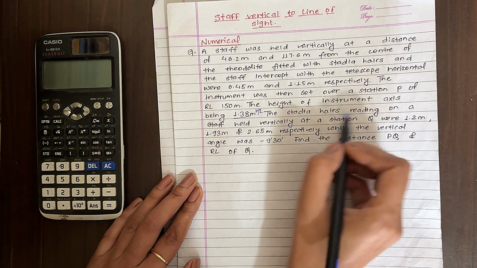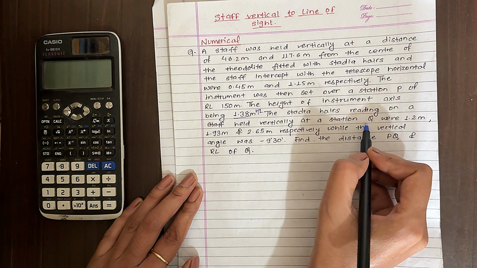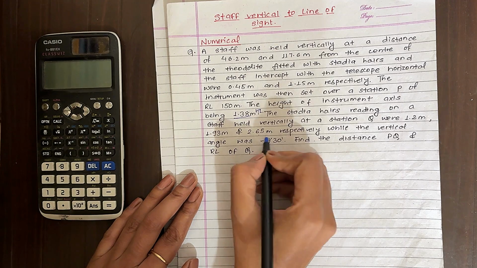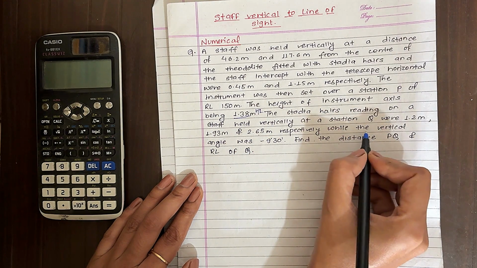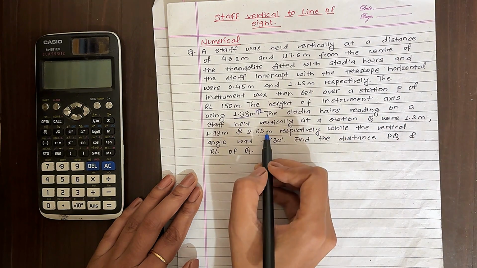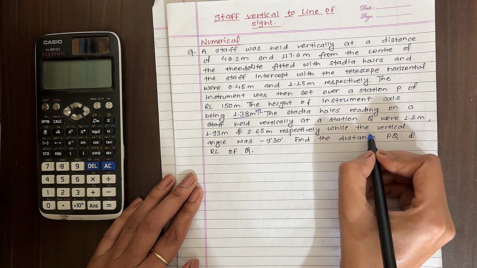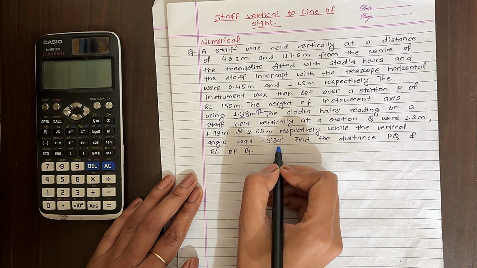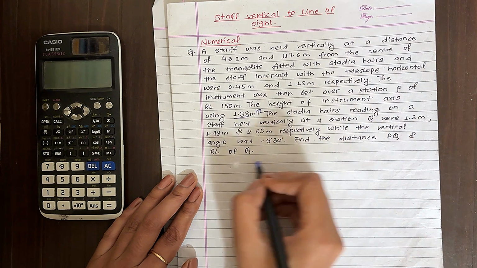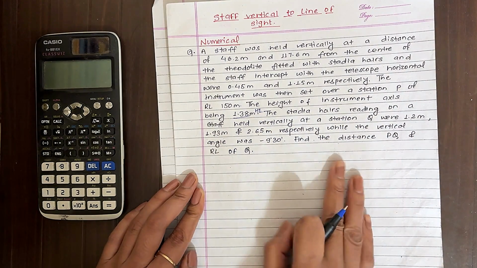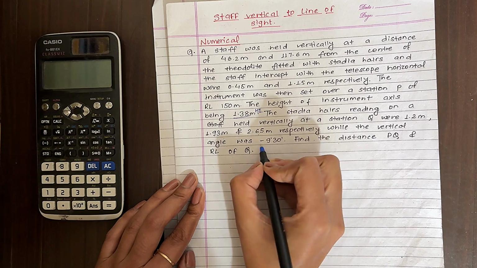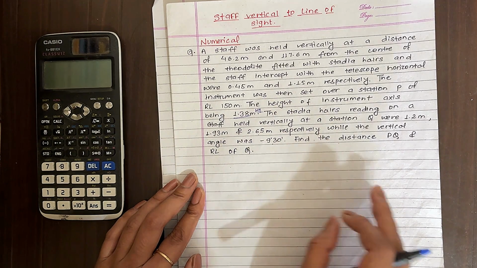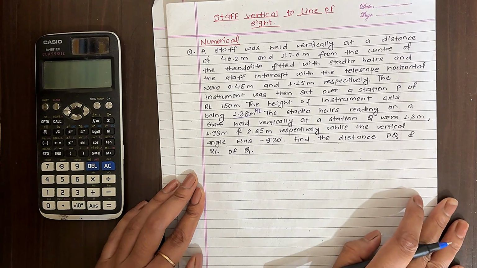The stadia hair readings on a staff held vertically at a station Q were 1.2 meter, 1.93 meter and 2.6 meter respectively, which must be the upper, middle and bottom readings, while the vertical angle was minus 9 degree 30 seconds. Find the distance PQ and RL of Q. Since the angle is given as negative, the staff must be at the angle of depression here.